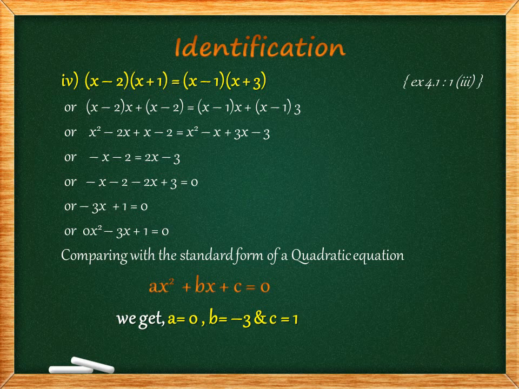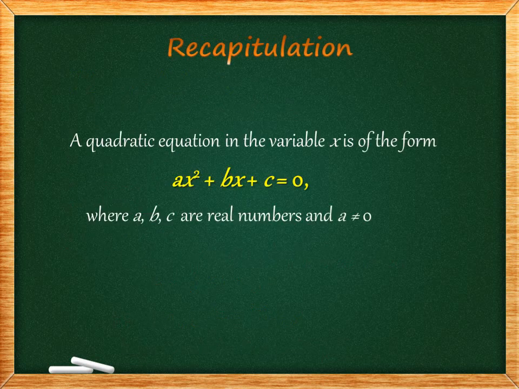So the condition is not fulfilled, so it is not a quadratic equation as a is equal to 0 here. Now we can see the equation minus 3x plus 1 is a linear equation. So when there is no term of x square in any equation, that will not be a quadratic equation.